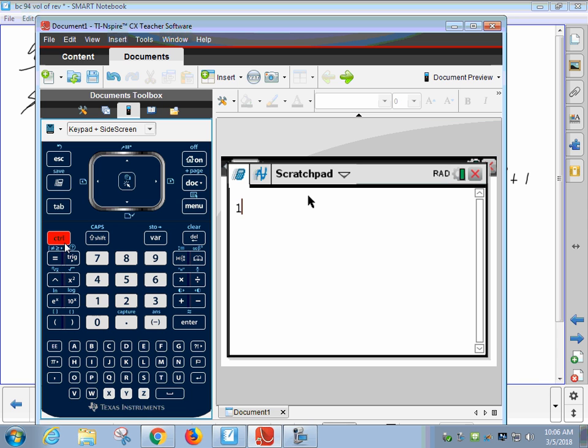So 1 store to x. Apparently it doesn't work like that. Okay. The process then is to take your previous x minus the function at that x divided by the derivative at that x, and you're going to store that over your old x.